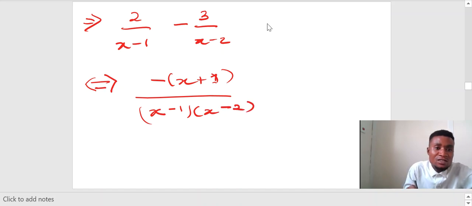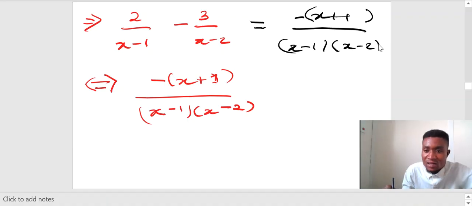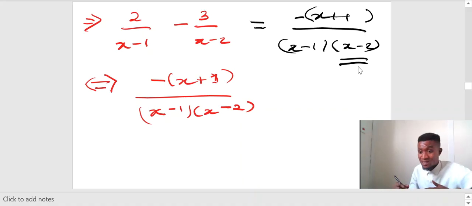So if you so wish, you can just put it here and have minus x plus 1 divided by x minus 1, x minus 2. So that is the first example that we have.